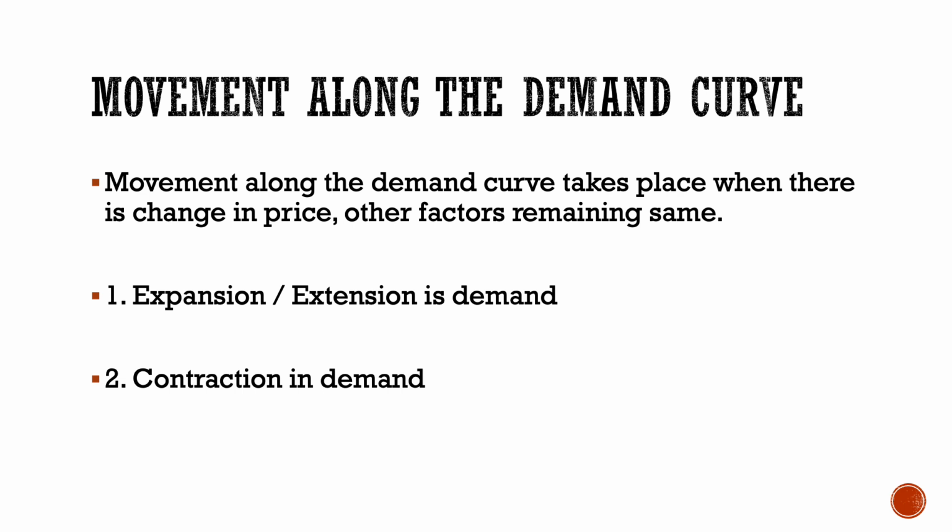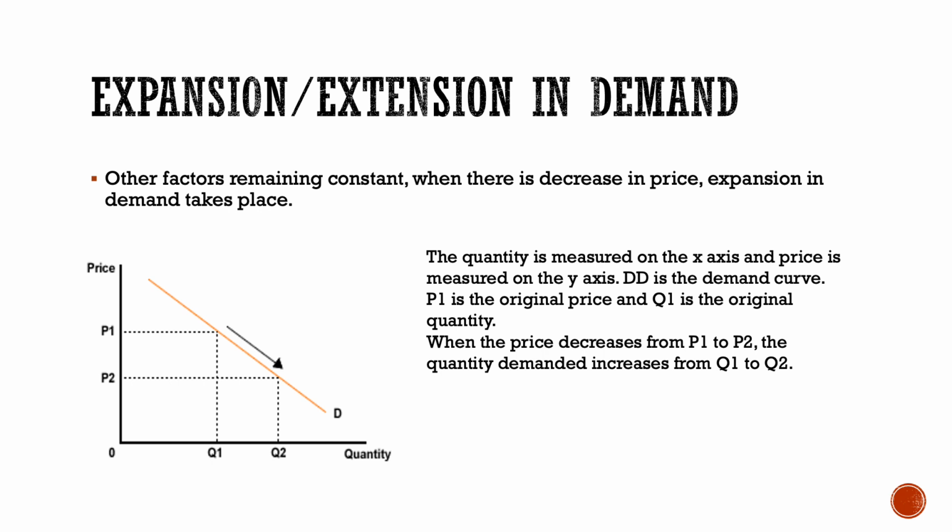There are two types of movement along the demand curve. One is expansion or extension in demand, and the other one is contraction in demand. Expansion or extension in demand. We'll do the definition first.